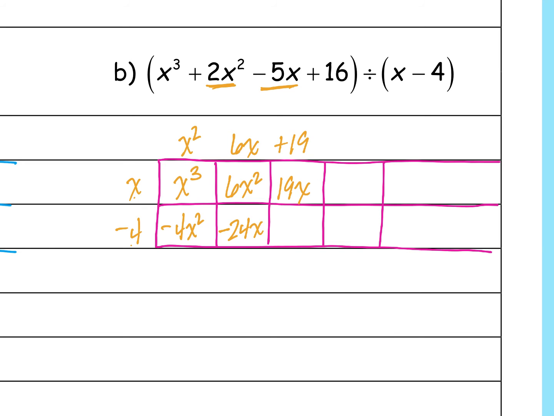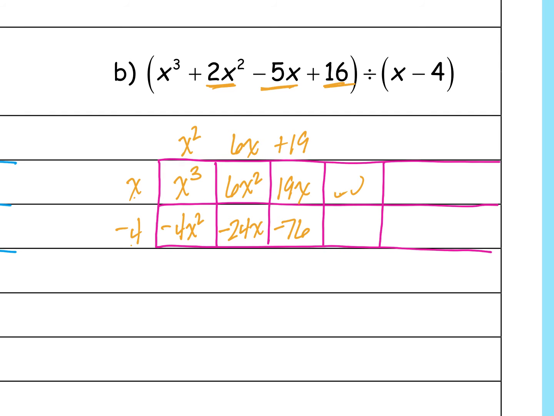And then times negative 4 should be negative 76. And negative 76 plus some number is going to give me negative 76. Not plus 60. Ooh, that is so wrong. I need a plus 16, huh?